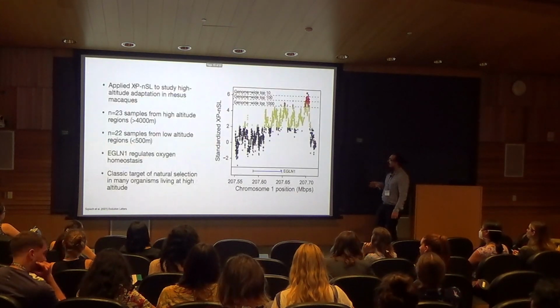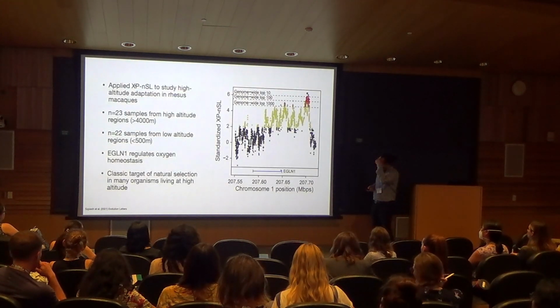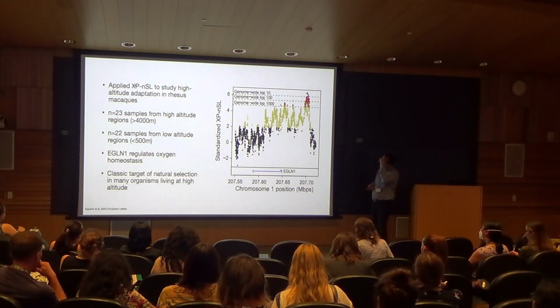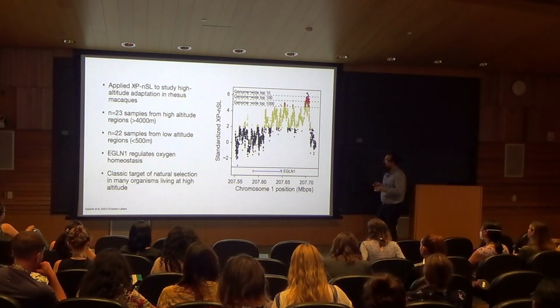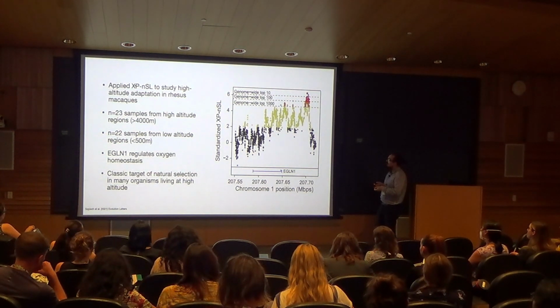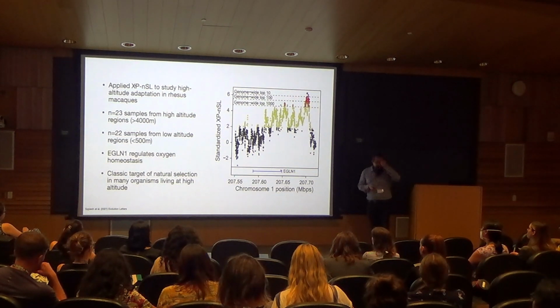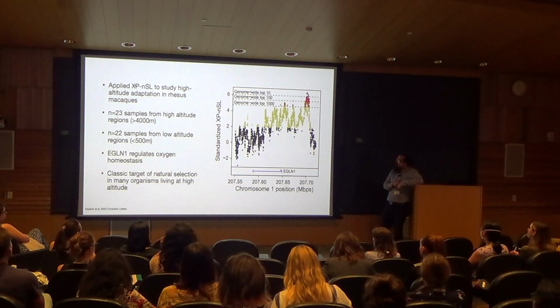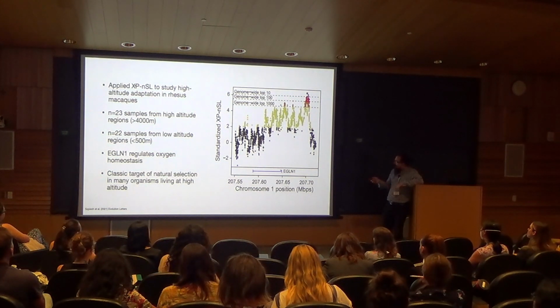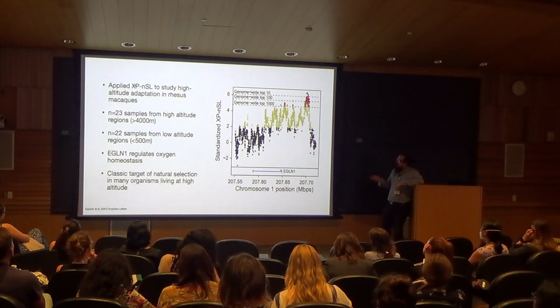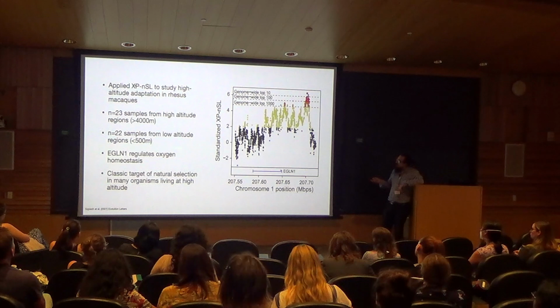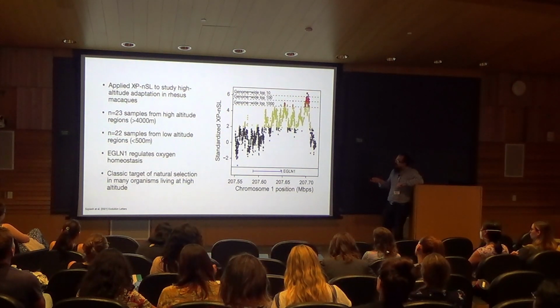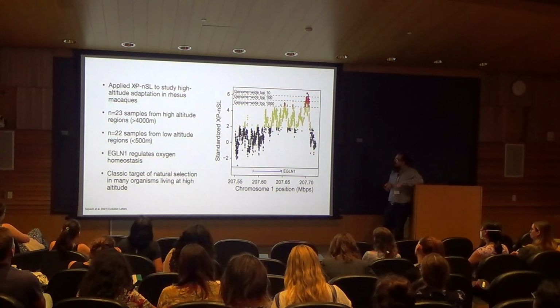As an example of applying this, a couple of years ago we published a scan for selection in rhesus macaques that are living at high altitude in China. We had 23 samples living in regions with an average elevation over 4,000 meters, and 22 samples from low altitude regions, living under 500 meters.